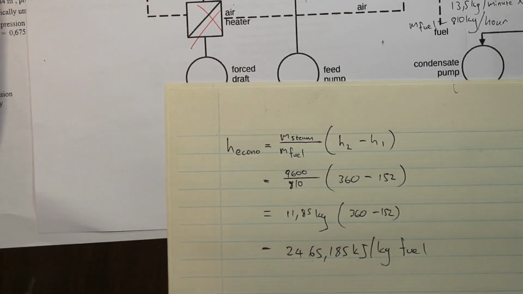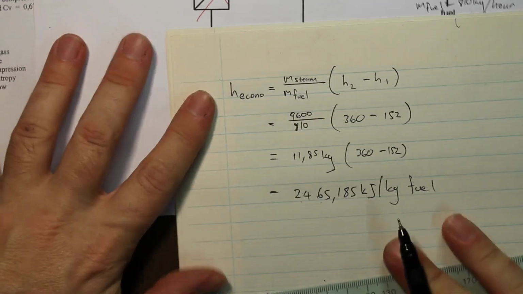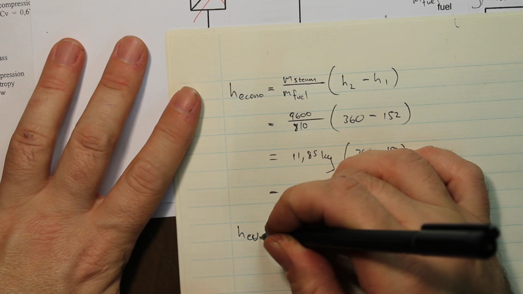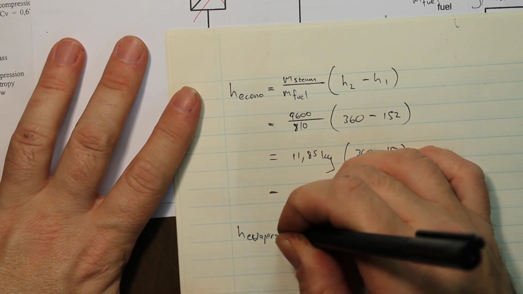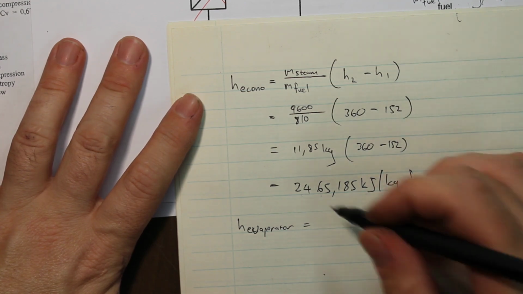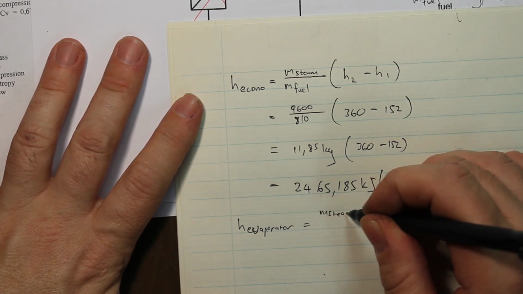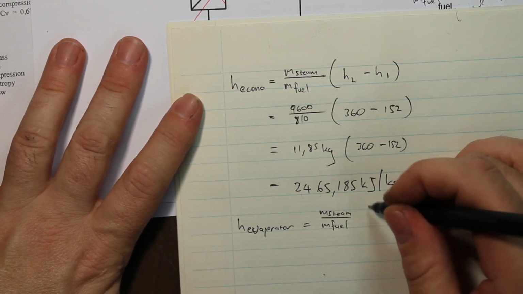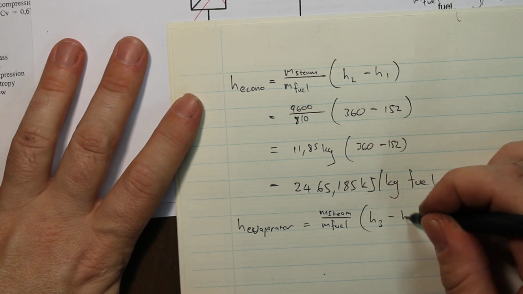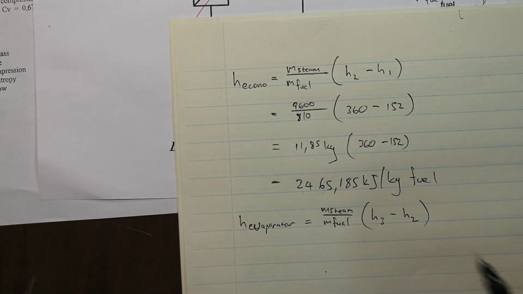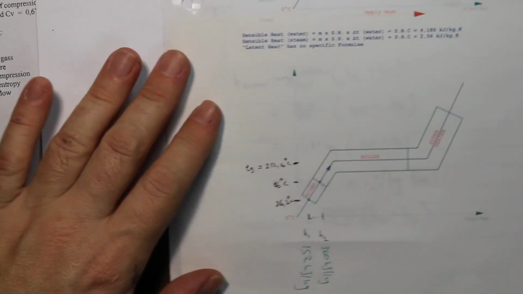This time we're going to write H evaporator, and that is going to be the mass of the steam over the mass of the fuel, times H3 minus H2.